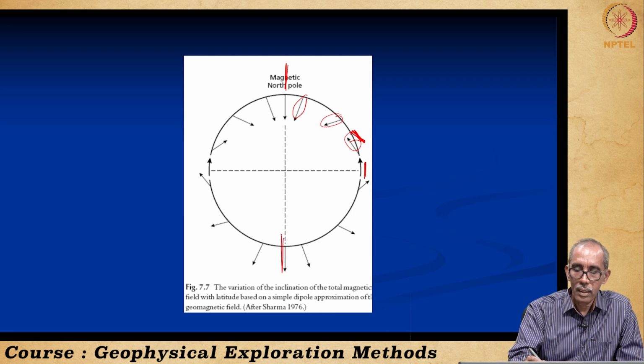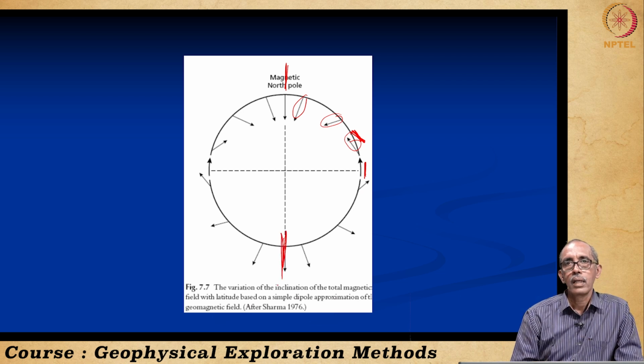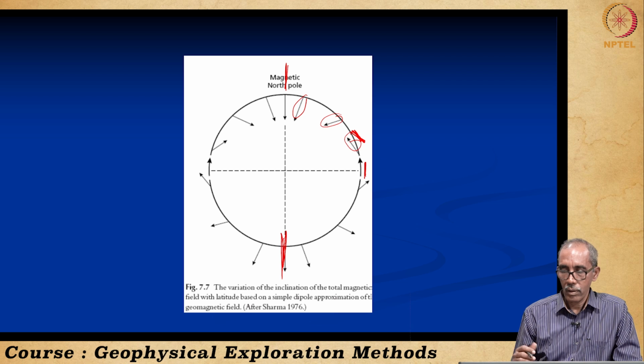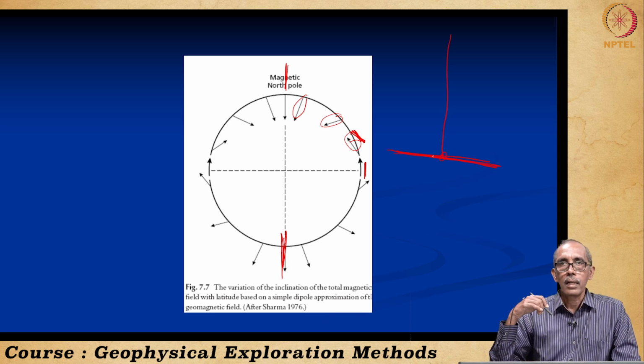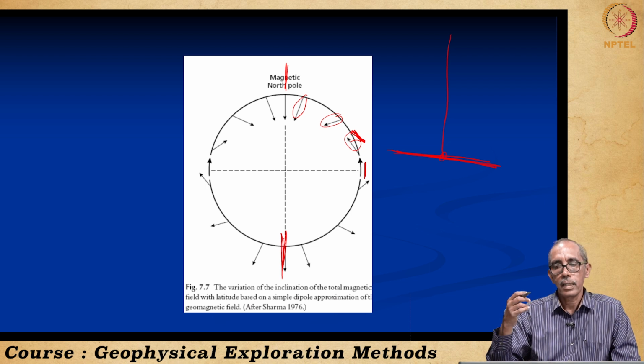Somewhere here it is essentially vertical. So, this is how the angle of inclination varies when you hold a magnetic needle tied at the center. The thread should be attached exactly at the middle of the magnetic needle. So, this is how the magnetic needle will behave.